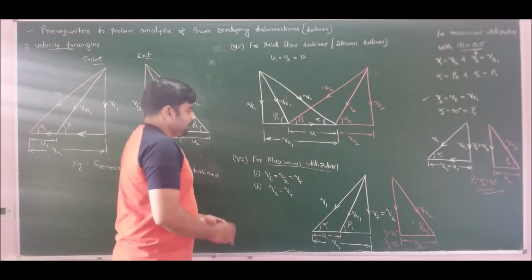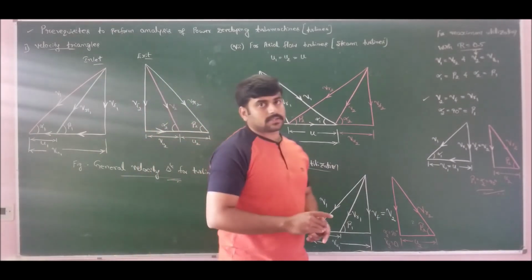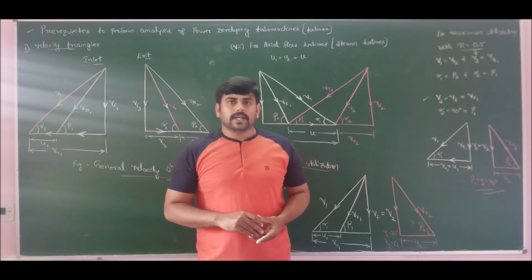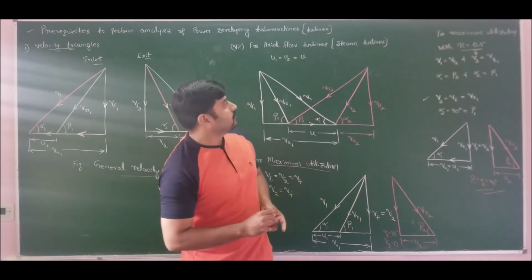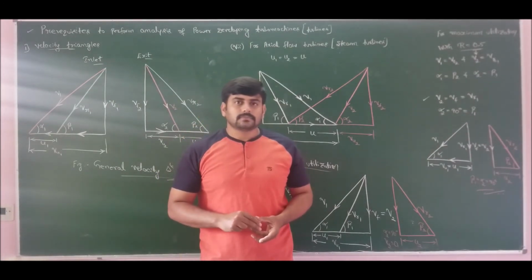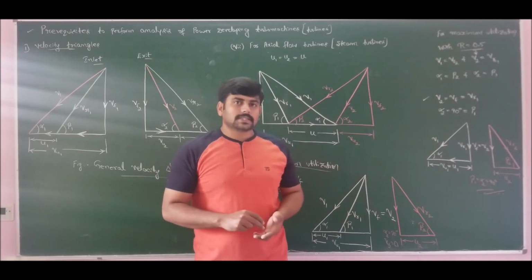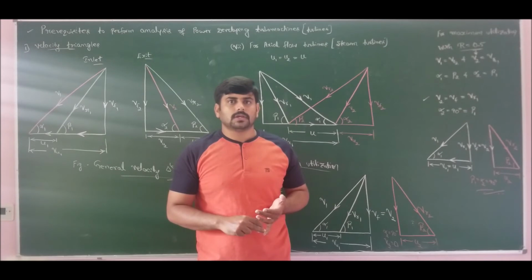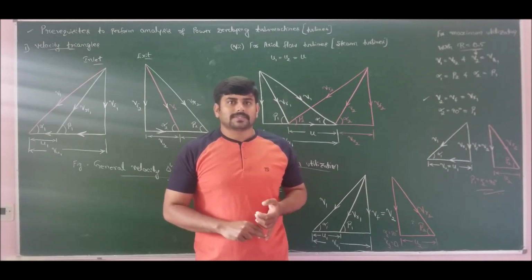So with these 8 cases, we can solve almost all varieties of problems on analysis of turbines. Now let us discuss the important prerequisites, that is, the formulas we should use while solving the problems.